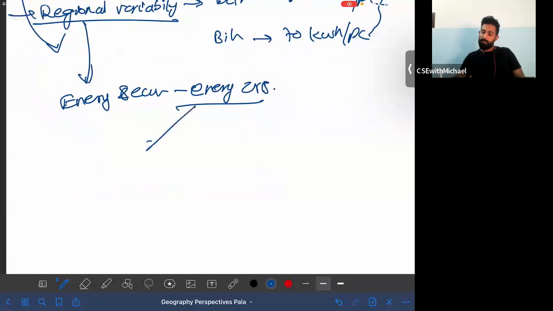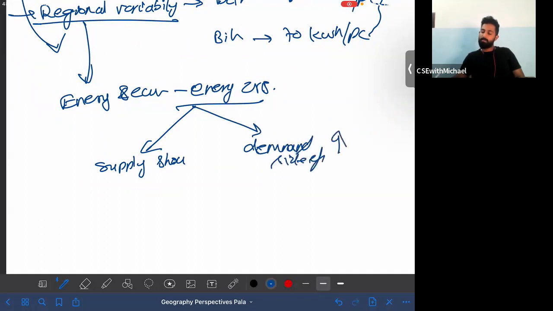So two aspects are there: supply shock and demand side effect. Demand is increasing. So in this situation, if supply decreases and demand increases, that is the issue of energy crisis.